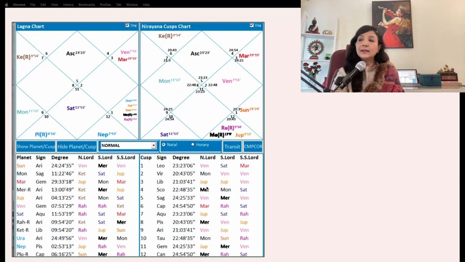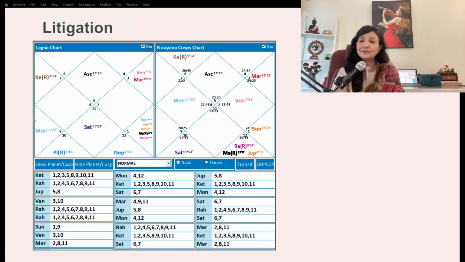Just see Mercury. 4, 5, 8, 11 is also there. 12. So 11 alone will not help. This is the most important part. So we see 4, 5, 8, 12 is majorly seen. See this video very slowly and patiently, then you will understand this topic.